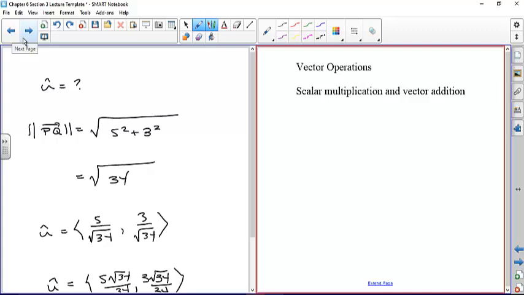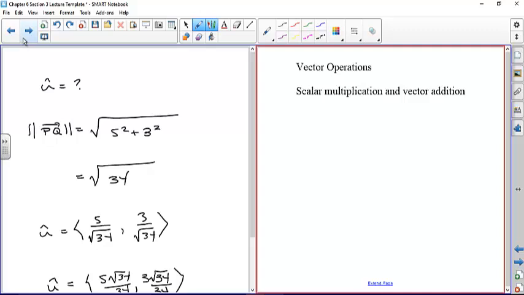Okay, so we've talked about a vector, how it's defined by its initial and terminal points, and shown how to represent a vector by the x and y components of the vector. We've talked about how a vector having its tail at the origin is in standard position.